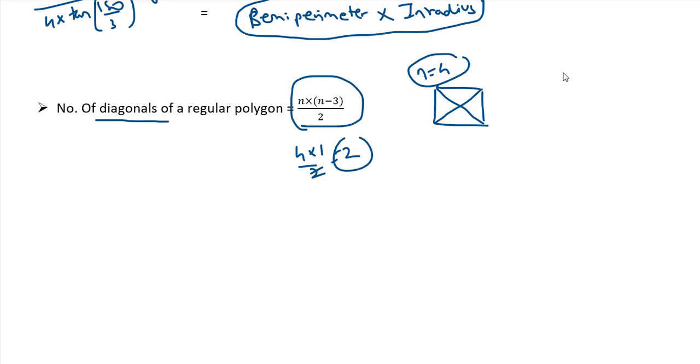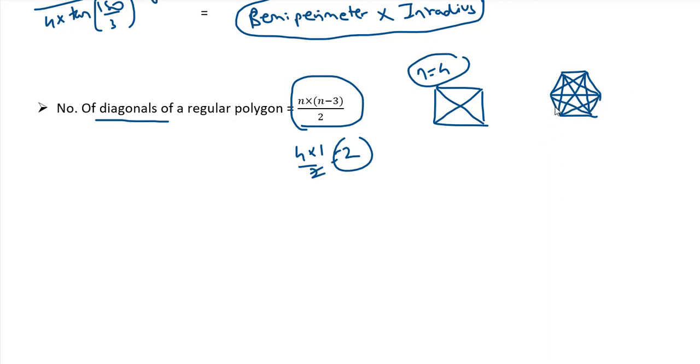In case of a hexagon, the number of diagonals will be 1, 2, 3, then 4, 5, 6, 7, then this will be 8 and this will be 9. So there are 9 diagonals.